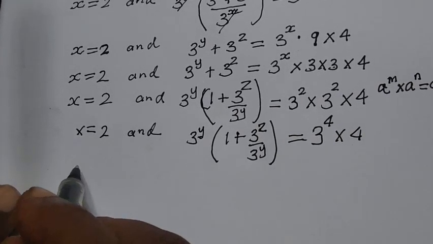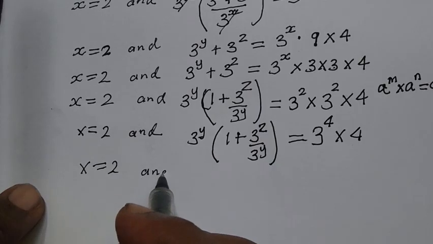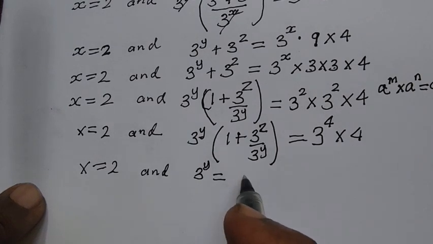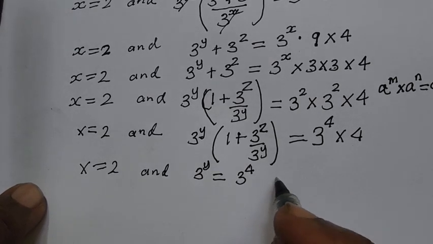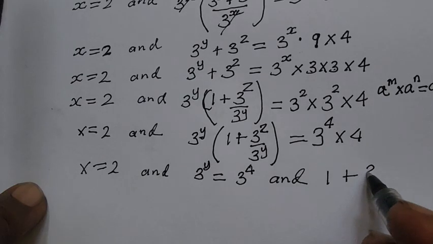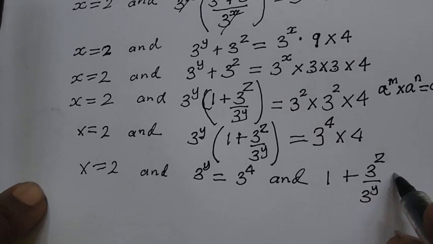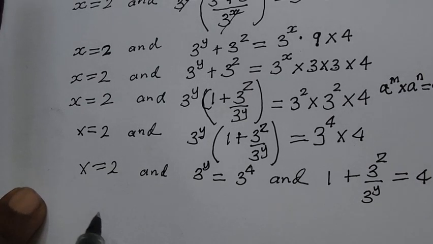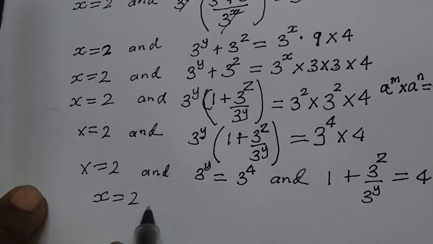So we have x equals 2, 3 power y equals 3 power 4, and 1 plus 3 power z over 3 power y equals 4. So we have x equals 2.